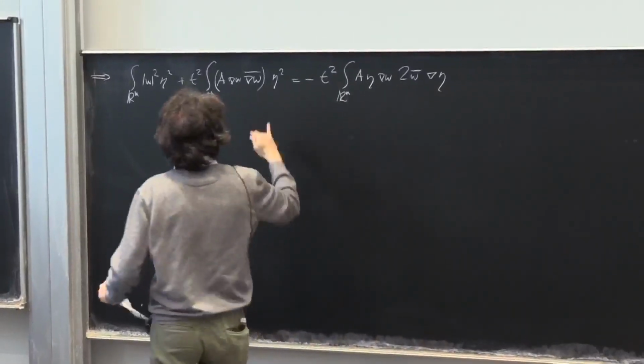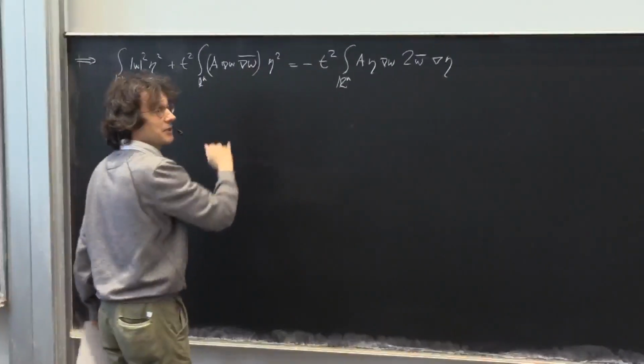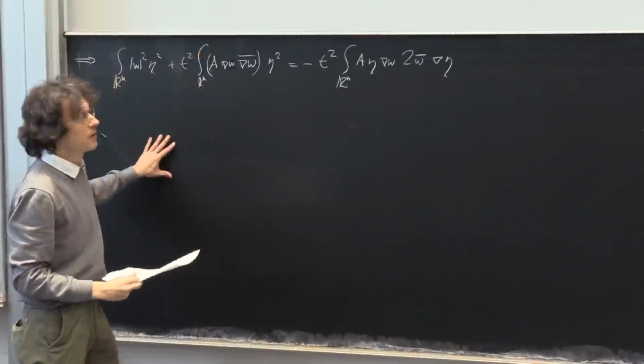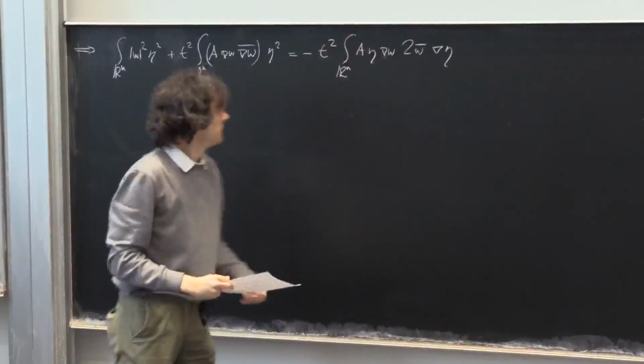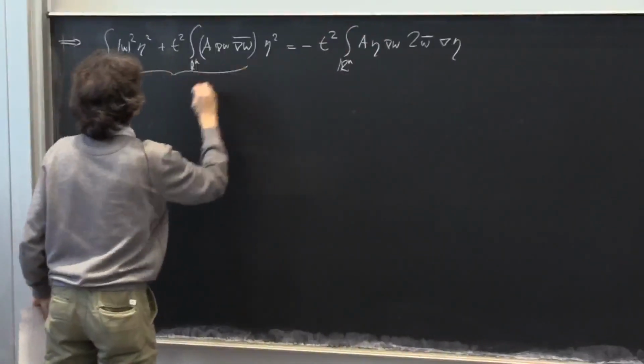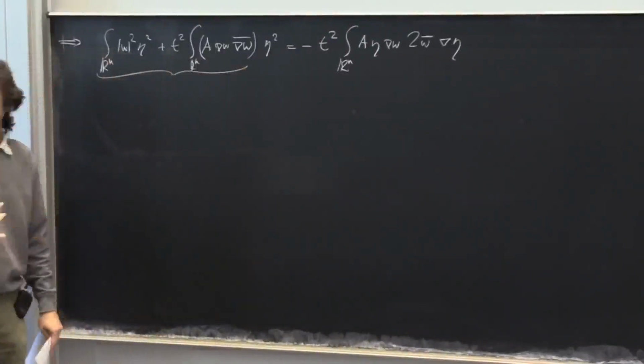And so we will make an estimate out of this by estimating this from below and this from above. So this left-hand side here, now this is a complex number, so you cannot estimate it, but you can estimate the real part of it. So the real part of this we can estimate from below by, okay, we just keep the first integral, Rn modulus of w squared eta squared.